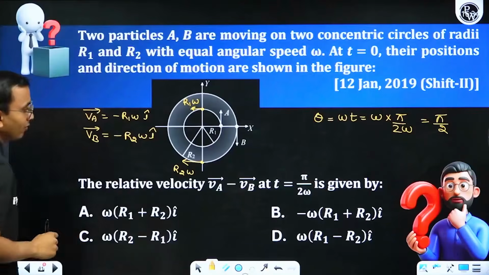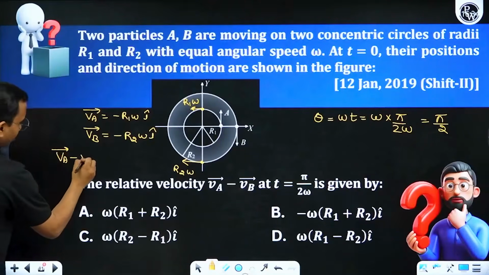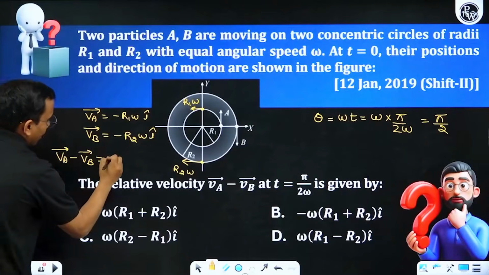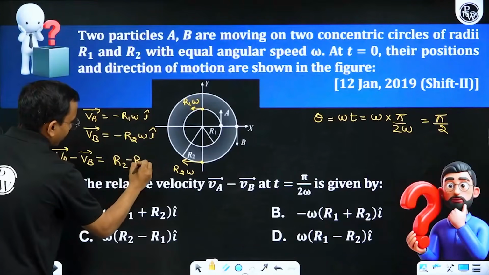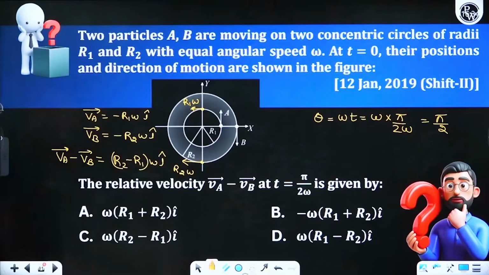What is VA minus VB? If you do VA minus VB, that will become (R2 minus R1) into omega i cap. Everything is right? Yeah. See.